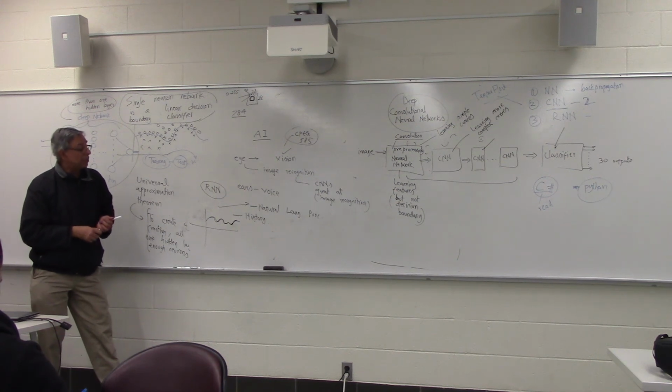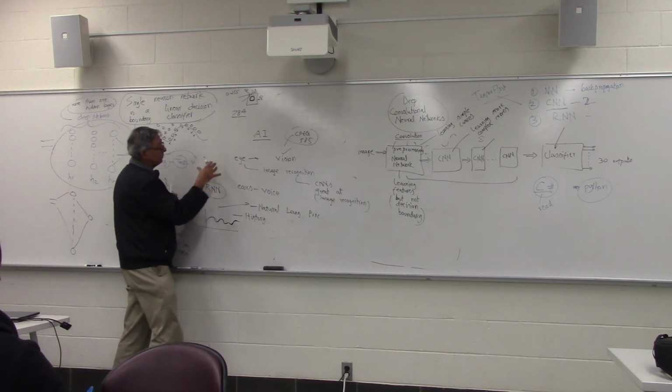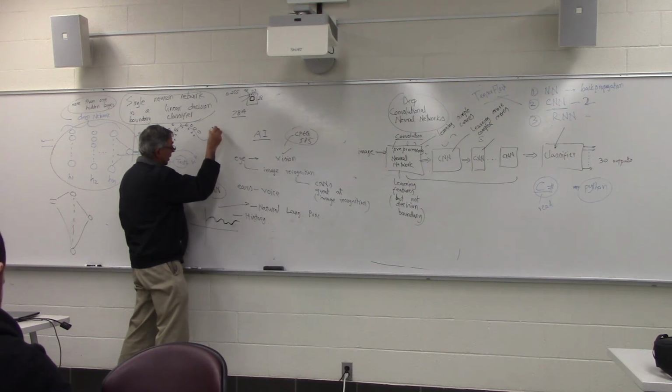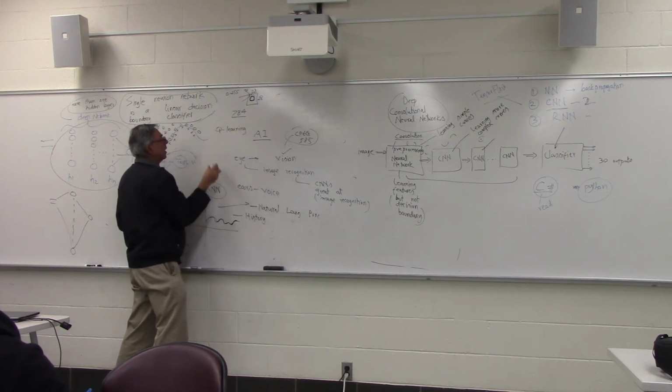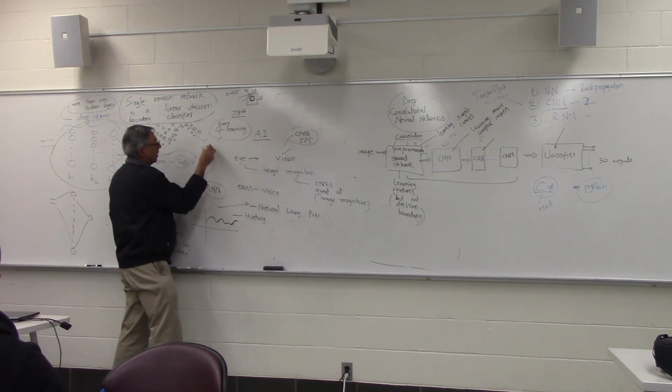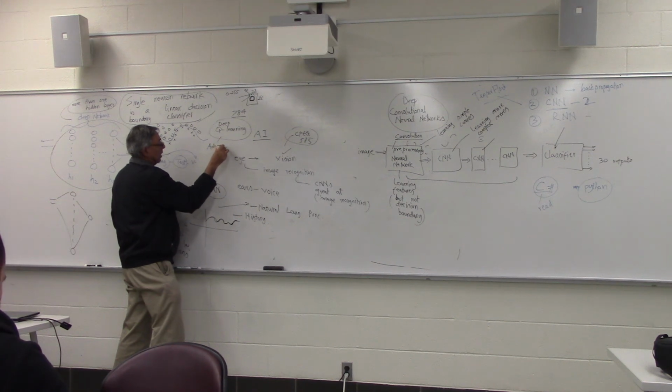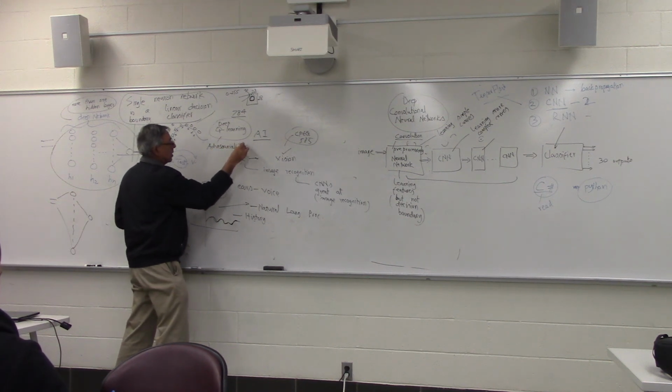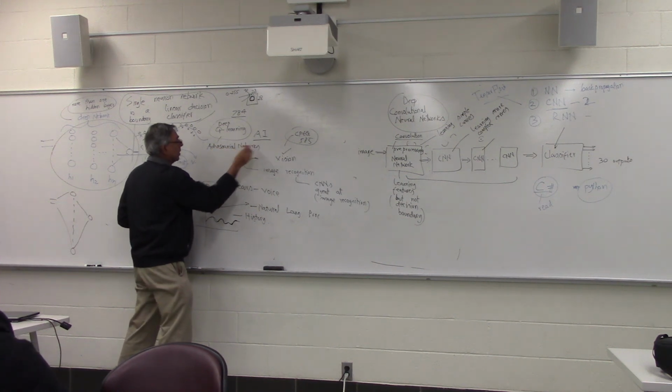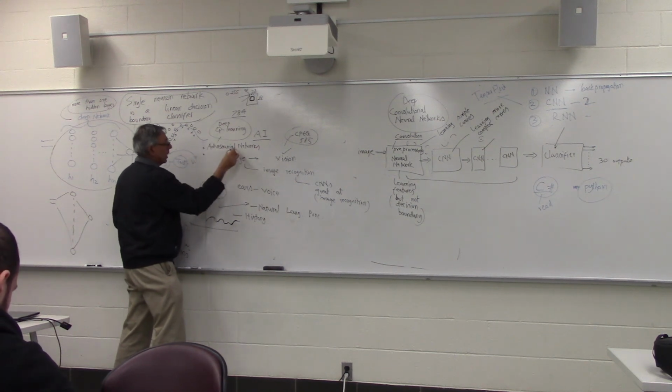Then the last part of the course has some very exciting topics such as Q-learning, or deep Q-learning. We have what are called adversarial networks, and adversarial generative networks.